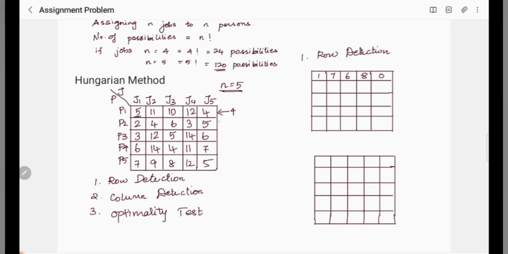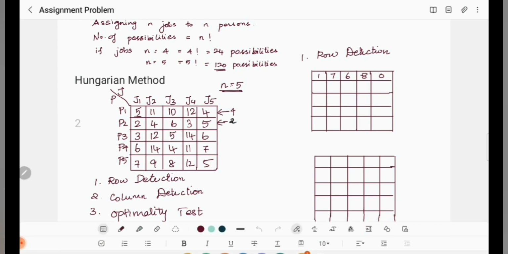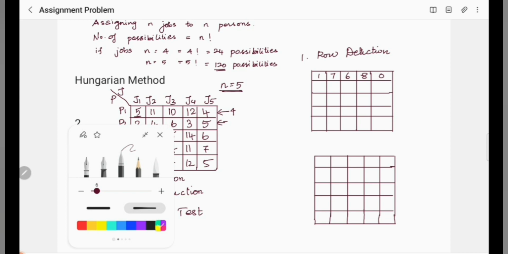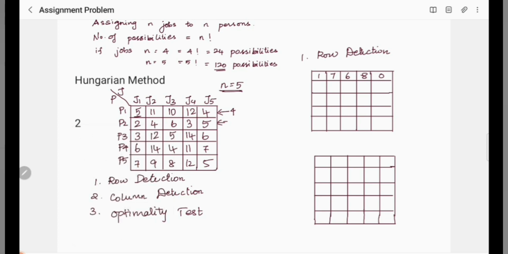Next we move to the next row. In the next row, the minimum element is 2. We subtract this 2 from all the elements in that row. So it is 0, 2, 4, 1 and 3. Consider the next row. In the next row, the minimum number is 3.